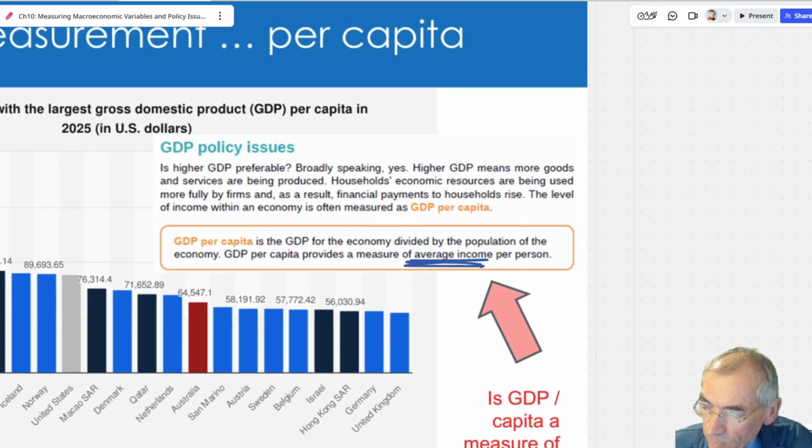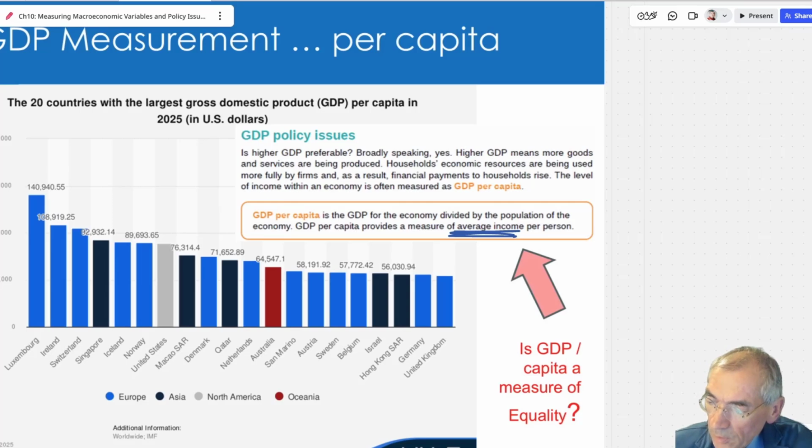And does average measure equality? Because we might recall that our target is still maximizing welfare, and maximizing welfare was allocating efficiently to produce as many as possible of the desired goods and services and distributing fairly. Do we measure here something like fair or equal distribution?